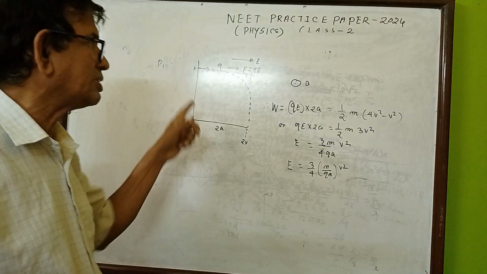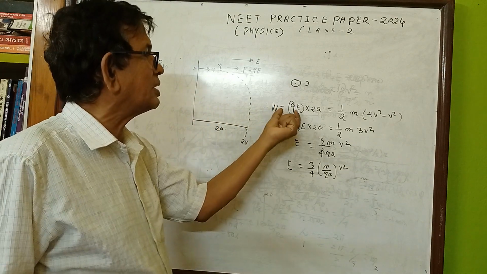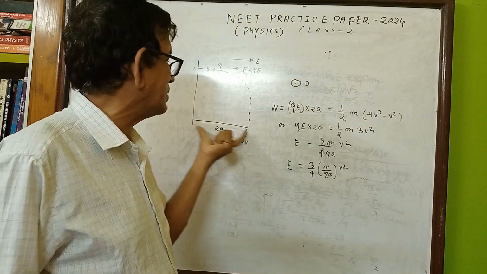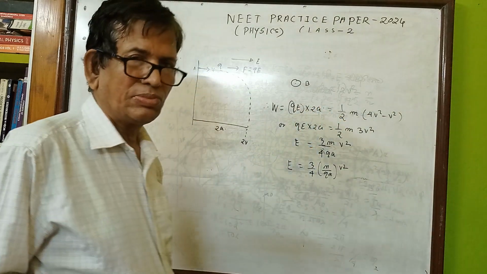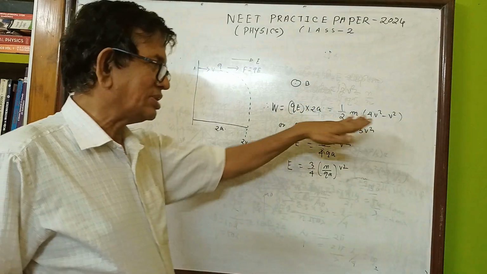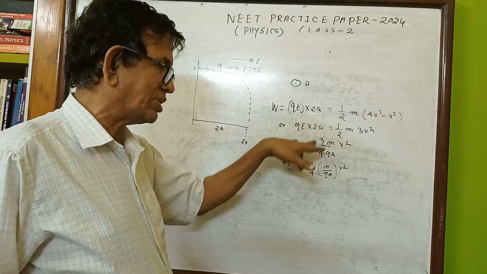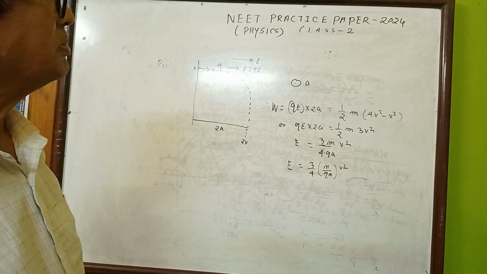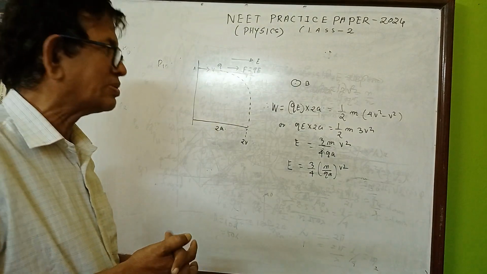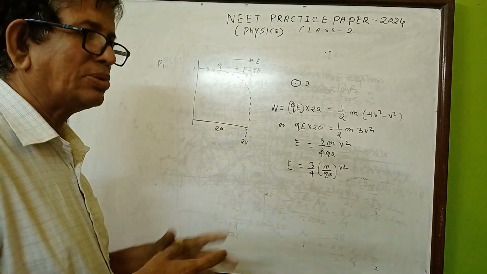So work is done only by the electric field. So work done is electrical force into displacement 2a, and this work done is nothing but change in kinetic energy. Any change in energy equals work done. From that equation you are getting the E value. Clear?